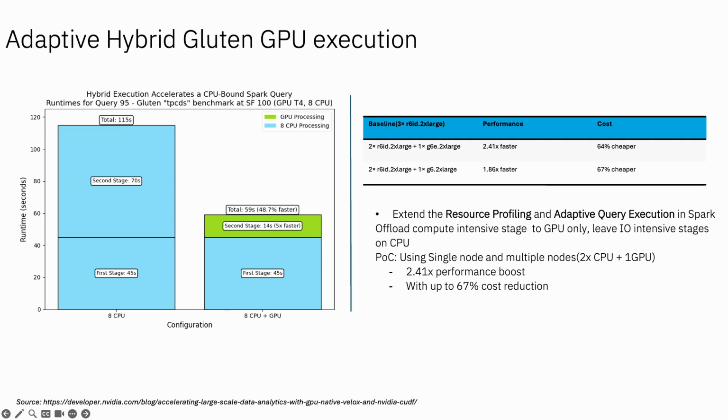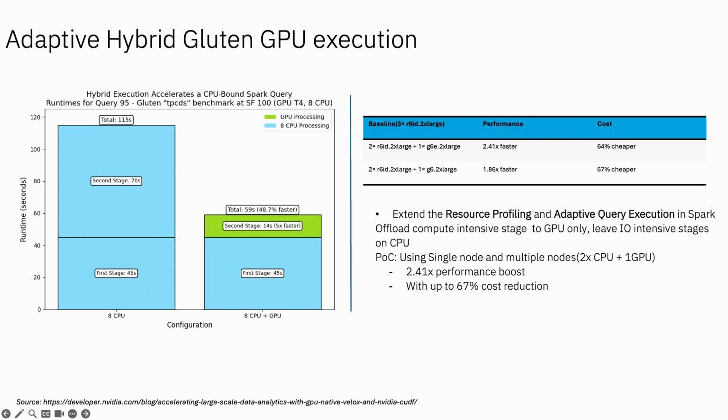And then the last one is for the GPU work we are working on. So instead of offloading all of those operators into GPU, we found that a Spark workload typically introduces a very big data set. The data set is too big to fit into the GPU memory entirely.